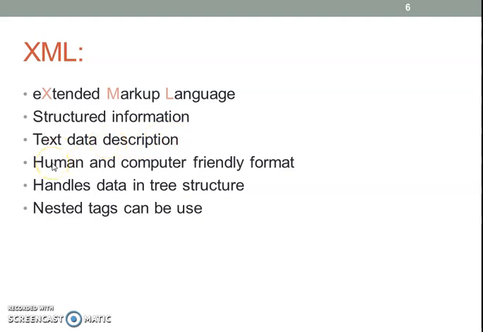Next, XML is a human and computer friendly format, meaning it is very easy for the user to understand, and it is also a user friendly programming language to represent information through web pages, and handles the data in a tree structure, meaning a tree like format is followed in XML.